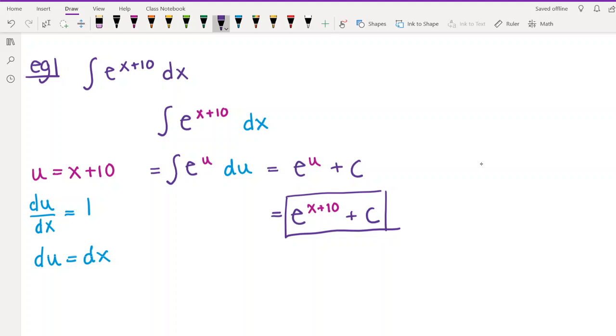So same thing if you had like sine of x plus 1 or square root of x minus 3 or anything where your input is just x plus or minus a number, you do have to use the chain rule to take that derivative, but the inside derivative is just going to be 1. And so you could basically just recognize from this, okay, the antiderivative of e to the x plus 10 is just e to the x plus 10 plus c.